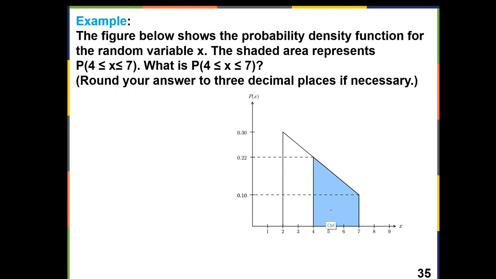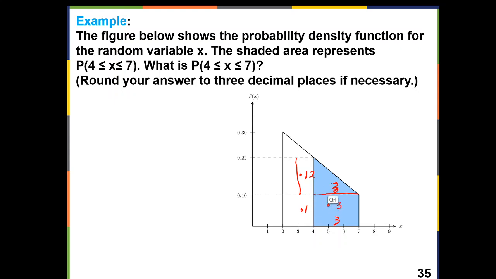What's the area of this rectangle? Well, this side is 7 minus 4, which is 3, and the height is 0.1. So 3 times 0.1 is 0.3. And this triangle, the base of it is again 3, and the height of it is this distance from here to here, which is 0.12.